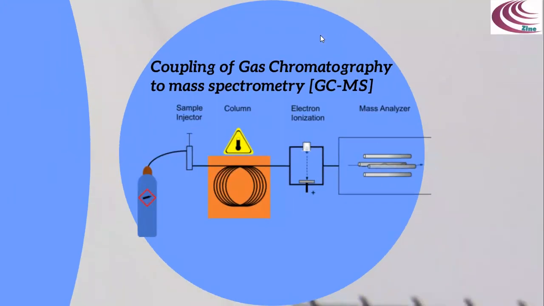Then in GCMS, that is coupling of gas chromatography to mass spectrometry, nowadays, chromatographic columns are commonly coupled to mass spectrometers. As soon as the solute is eluted out from the column, it is passed into a mass spectrometer.